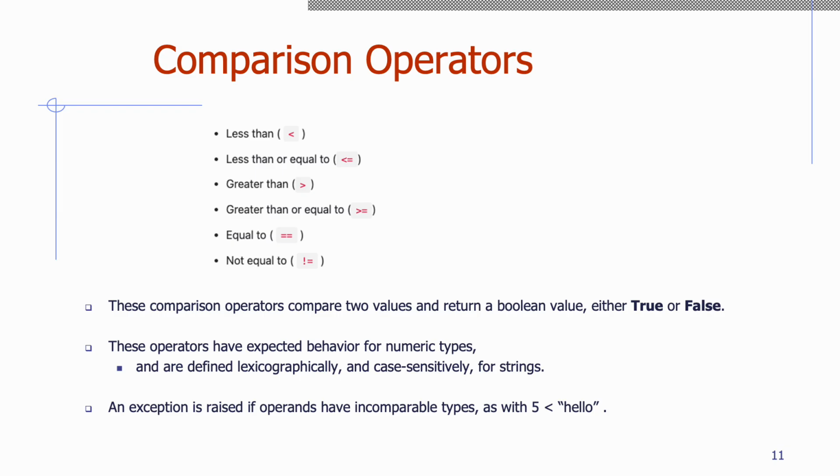An exception is raised if operands have incomparable types, as with 5 less than "hello". Another example: two strings are considered equivalent if they match character for character. Two sets are equivalent if they have the same contents, irrespective of order.